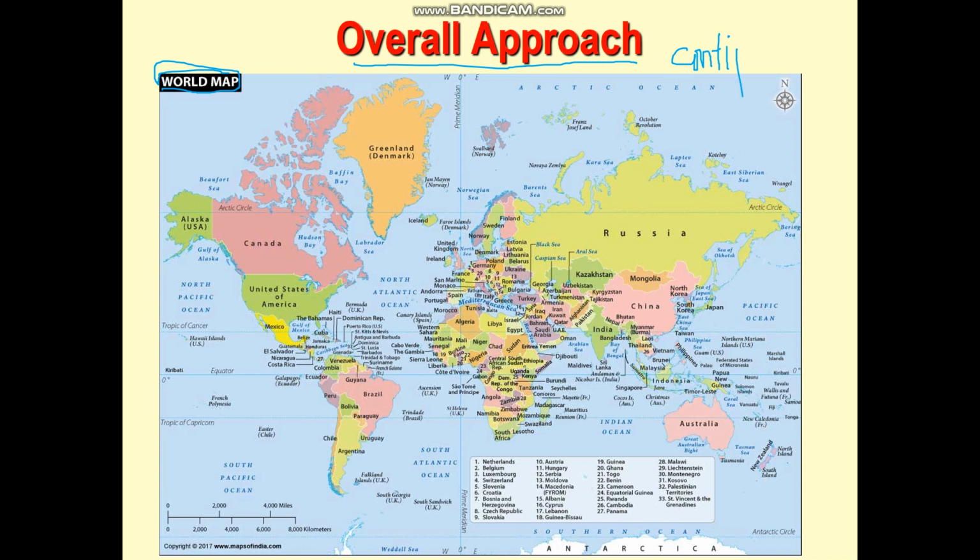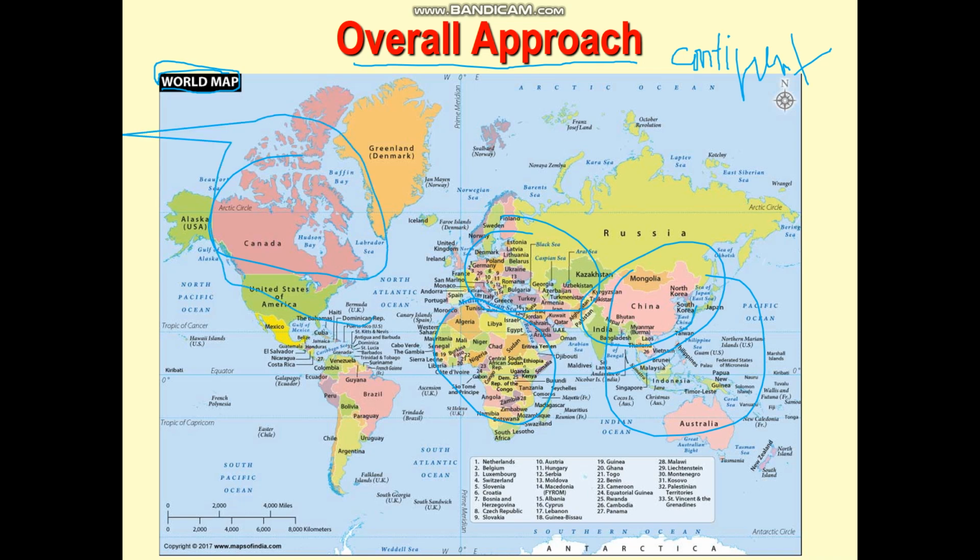It's based on the different continents. First one is Asia, Europe, Africa, North America, South America, and Australia. So in total I will divide the world into 6 regions.